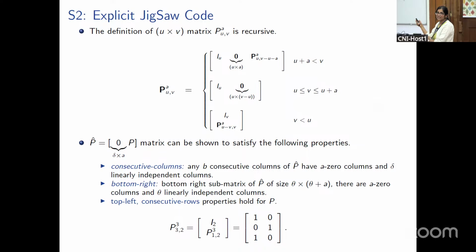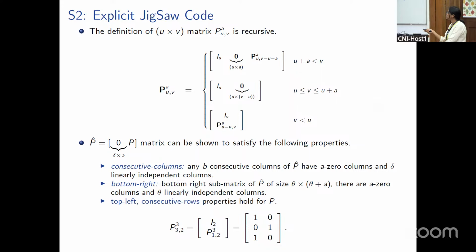In the earlier work they were just appending in the recursive P matrix, but here we are also inserting some carefully chosen 0 columns, and we are inserting exactly A of them. If the number of columns is greater than U but less than U plus A, in that case you just append however many are left. Whenever the number of rows is greater than the columns, you do the row expansion. During the row expansion, no zeros are inserted.